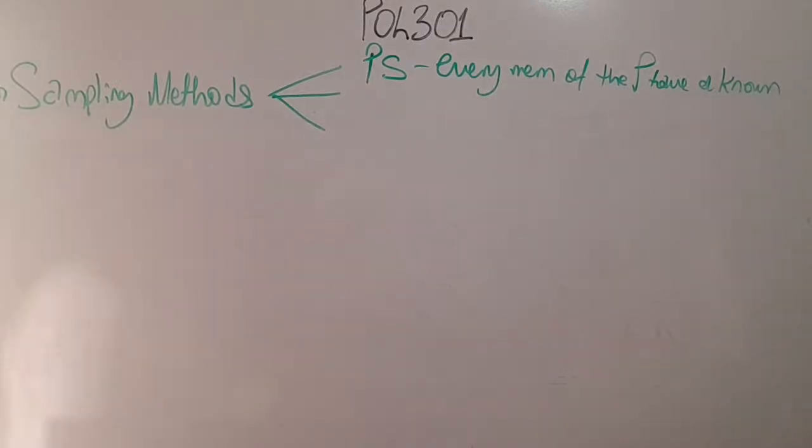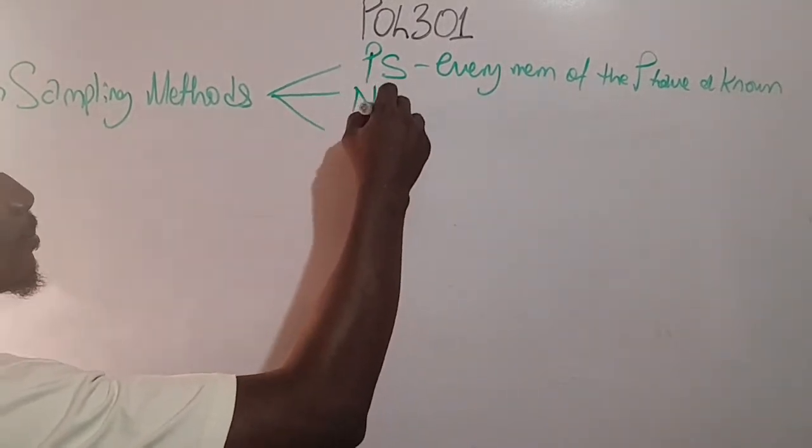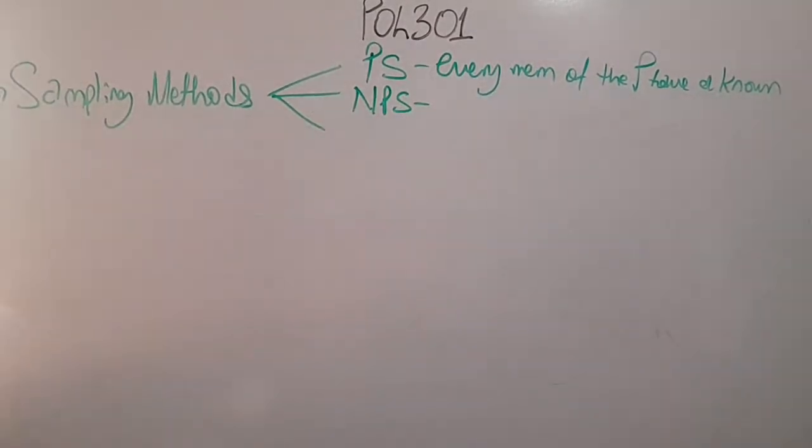The next one is what we call non-probability sampling. Here, the method does not guarantee randomness. That is, the selection of the population has no privilege of having an equal chance.